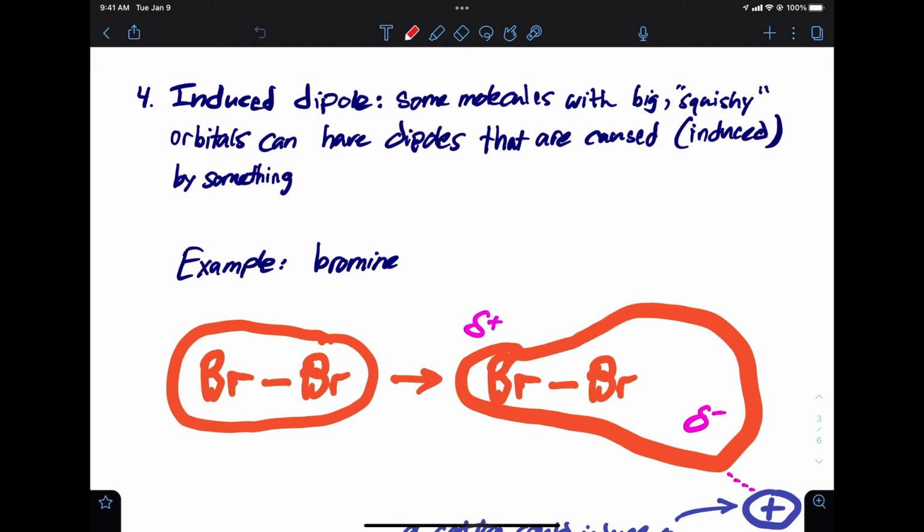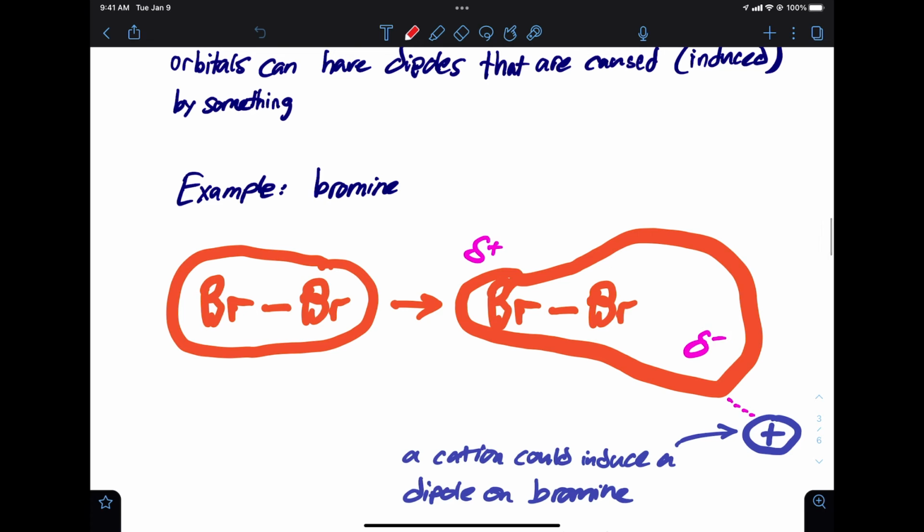And so think of it as like a bathtub full of water. And the water can be sloshed onto one side of the bathtub and it will slosh back to the other side. Just left on its own, the water will eventually even out and there will be an equal distribution of water throughout that bathtub. But you can induce an asymmetry in that. So, for example, with bromine, okay, we've got our picture of bromine on the left, a nice, big, squishy, non-polar molecule.